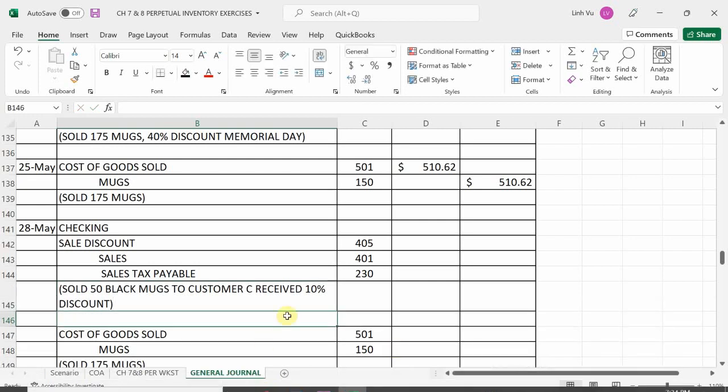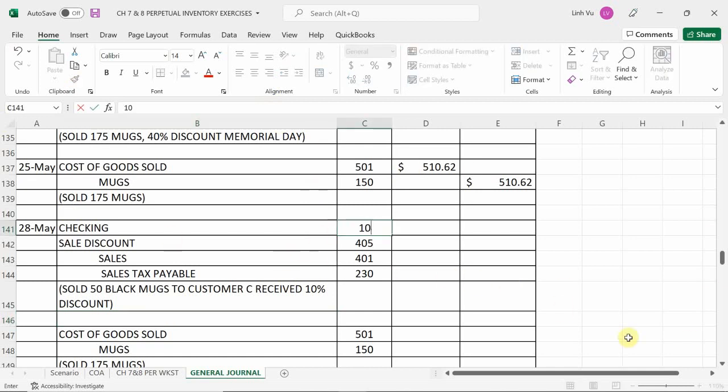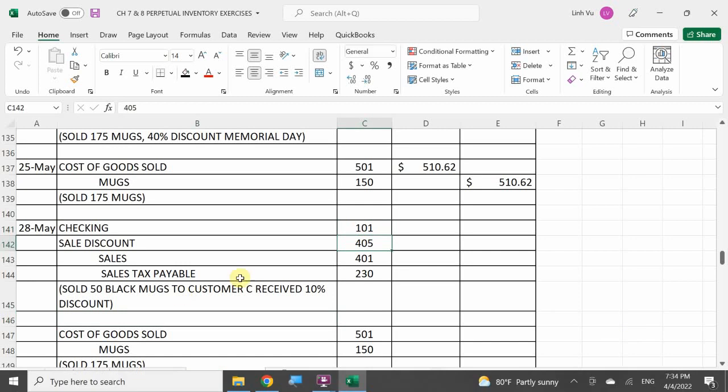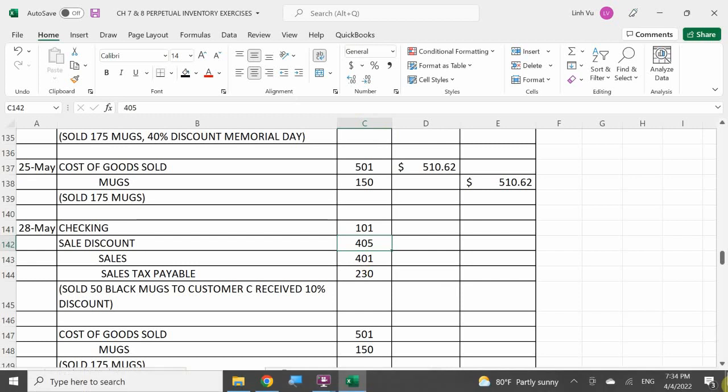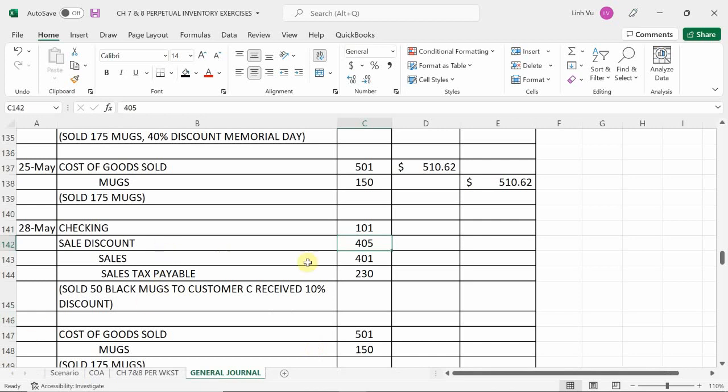Okay. So let's go ahead and take a look at this. We originally sell our coffee mugs, checking, this account number 101. We sold originally a total of 50 black mugs. Each coffee cup is still going to be at the original price of $10 each. So sales, we sold 50 of them for $10 each.